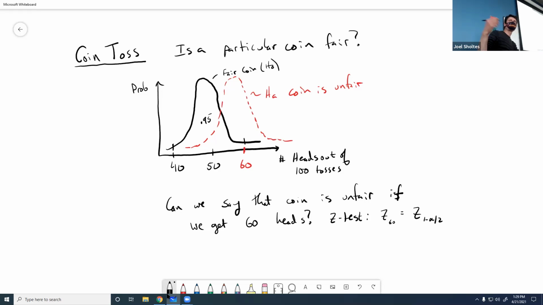So we have a 5% chance of seeing such an extreme value. But the way we do this experiment, the fact that we have 100 tosses, the fact that this coin, for some reason, gives us 60 on average heads, all of these things influence that z-score and the p-value.